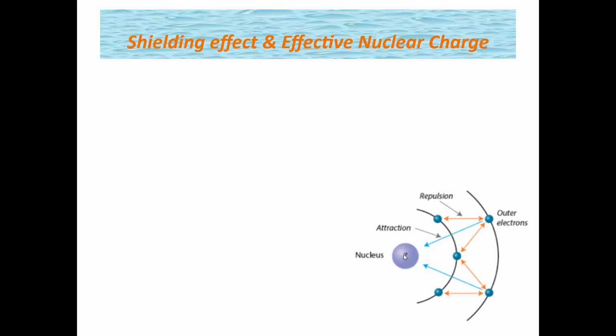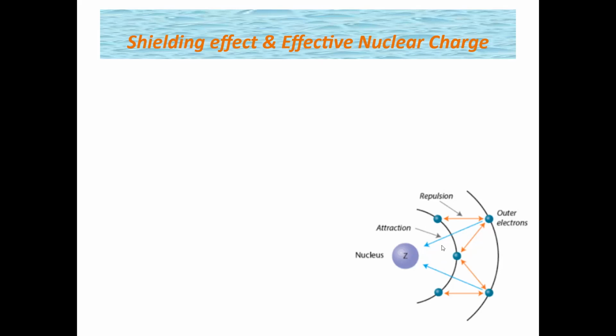But some of the nuclear charge is repelled due to the presence of inner electrons. Some of the inner electrons act as shielding electrons. They stop the force of the nuclear charge on the outer electron. So finally the nuclear charge is reduced. This inner orbit acts as a shield.